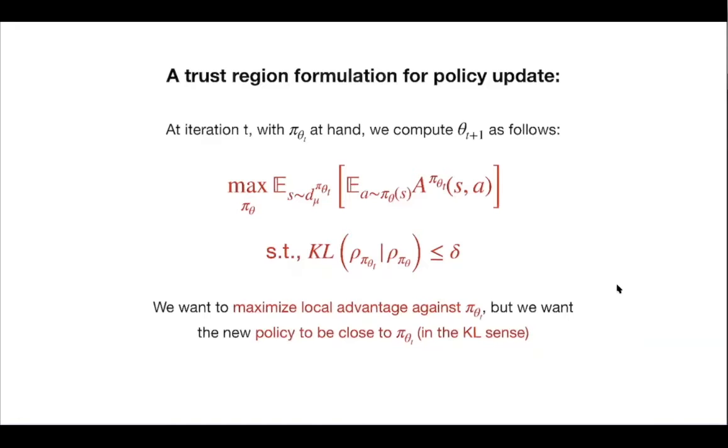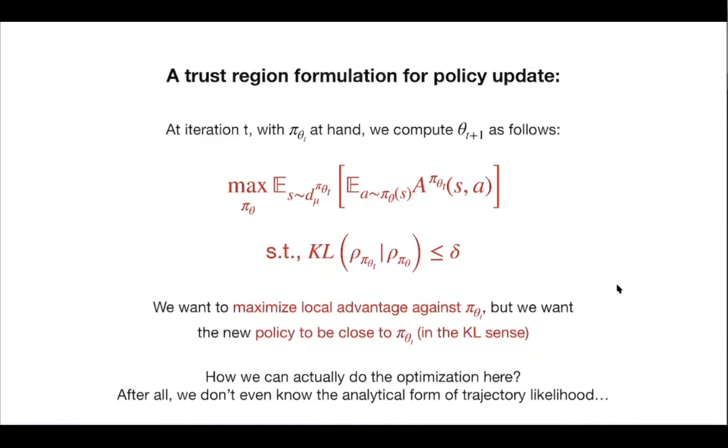So in words, we want to maximize the local advantage against the older policy, but we want to make sure that the new policy is never going to be too far away from the current one, in the sense of KL. Now the key question is, how do we actually do the optimization here? After all, we don't even know the analytical form of the trajectory likelihood.